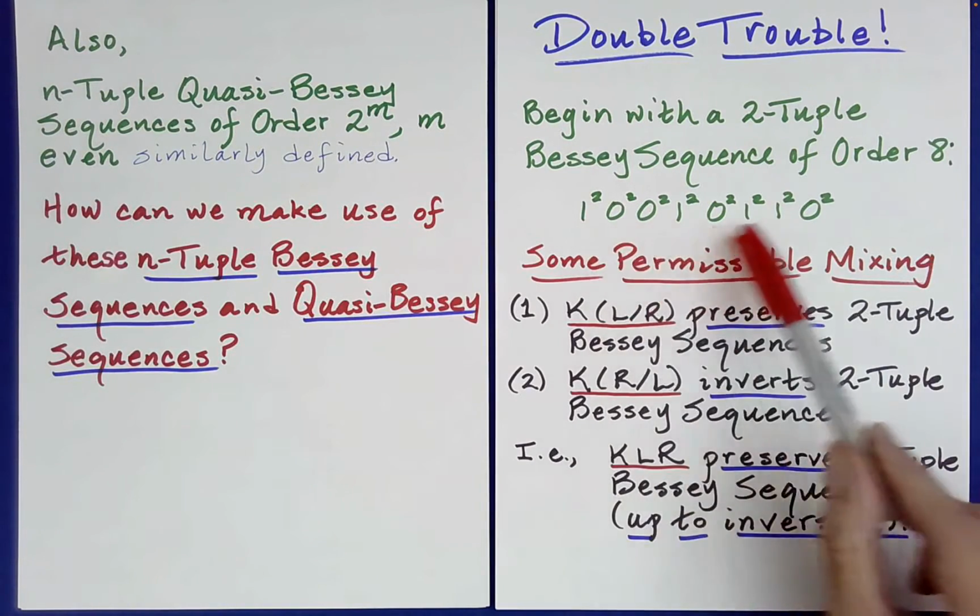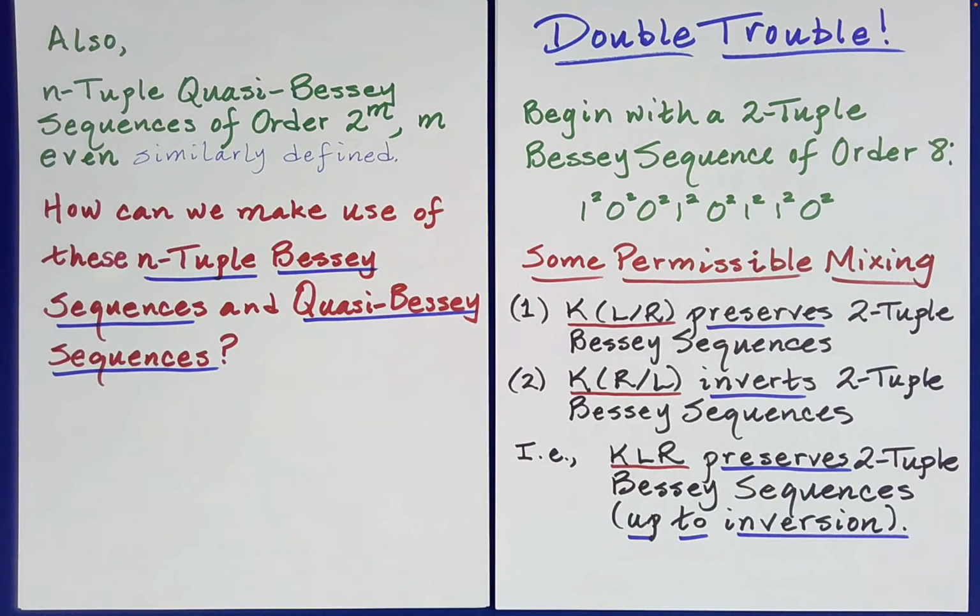On the other hand, a Klondike shuffle followed by a left-right shuffle, but this time in which the right pile is stacked on top of the left, will invert a two-tuple Bessey sequence. As you probably know, whether a shuffle preserves or inverts a Bessey sequence is not all that important.